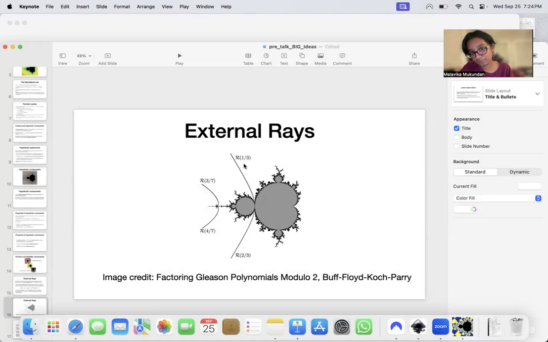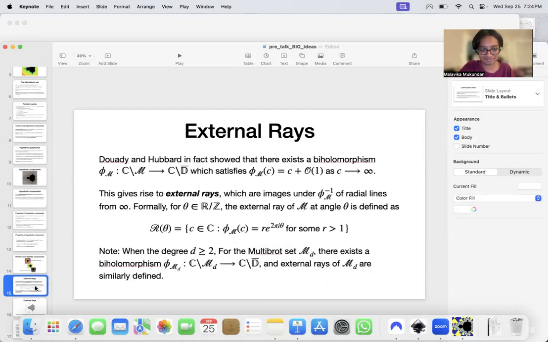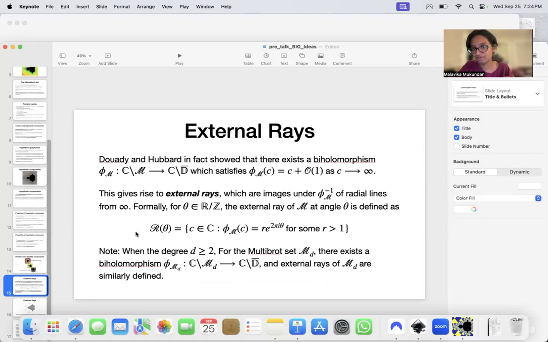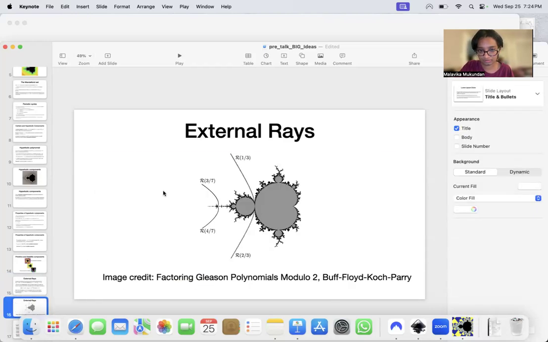But if you go towards the Mandelbrot set, then the line starts bending. So that's an external ray. You're just looking at the pre-image of radial lines from infinity under this map phi sub m. And if you fix a specific ray at a specific angle, then that pre-image is called an external ray to the Mandelbrot set at that angle theta.